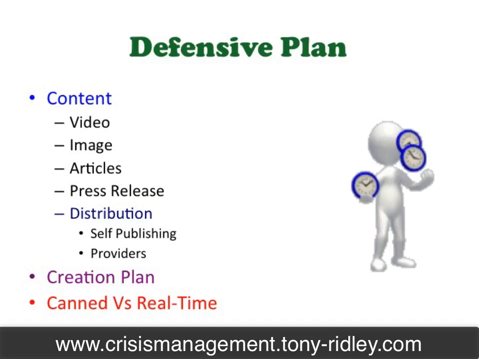So first and foremost is creating content that's in varying platforms or varying channels. So video, images, articles, press releases, having different aesthetics, different design, different mediums, or all mediums at once.